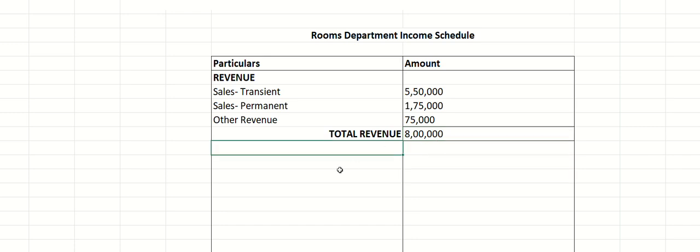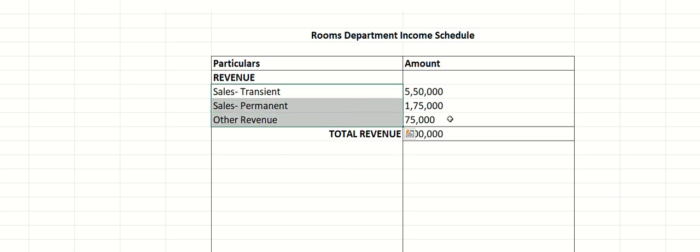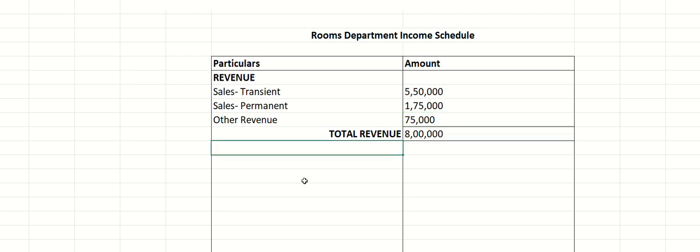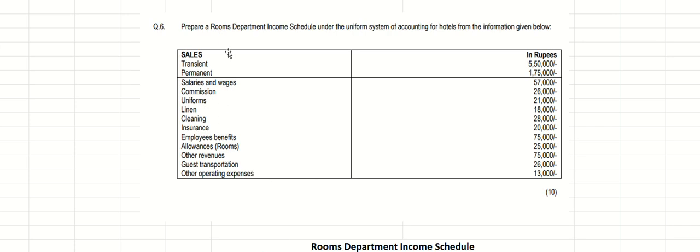So what is the next thing you have to do? We have listed all our revenue from the given information. After making sure that every revenue is considered, we find the total. Now the next thing to look for is if there are any allowances. Yes, there is an allowance of 25,000 rupees.